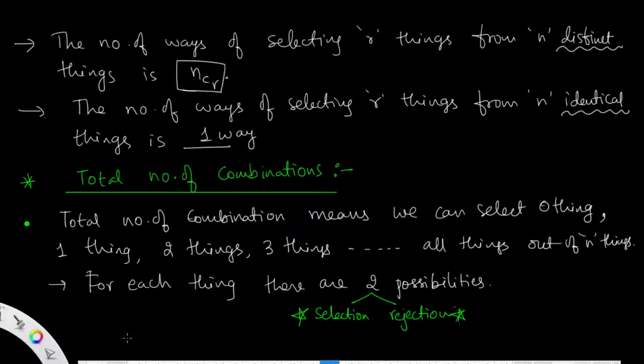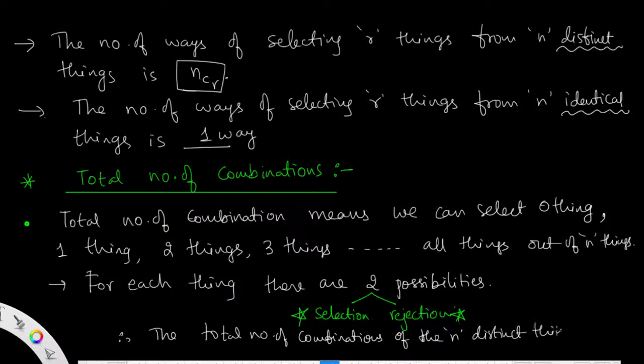Therefore, the total number of combinations of n distinct things is 2 to the power of n. This is the formula.